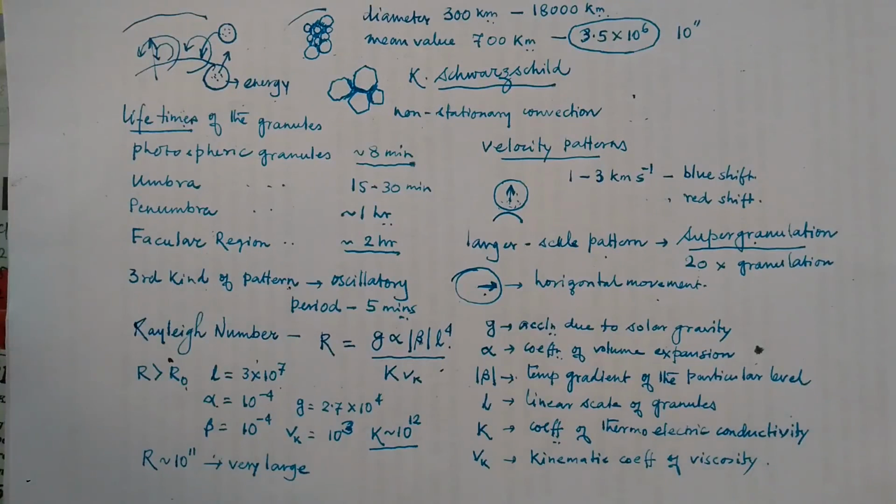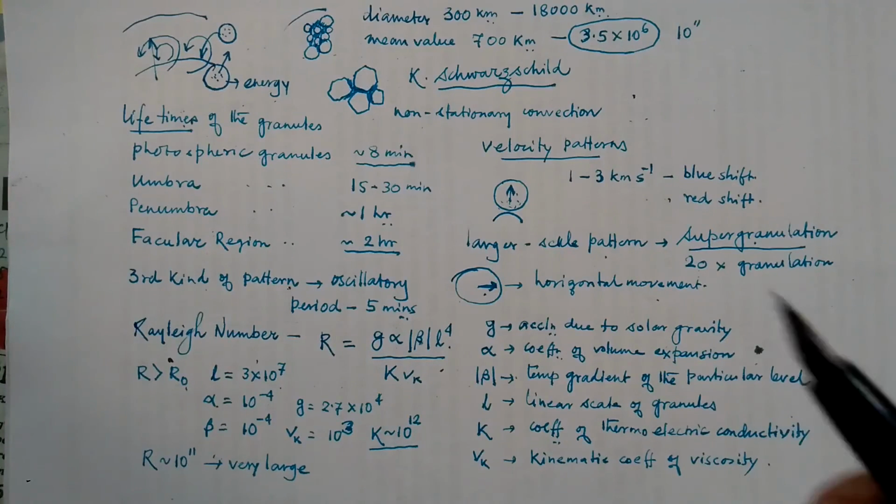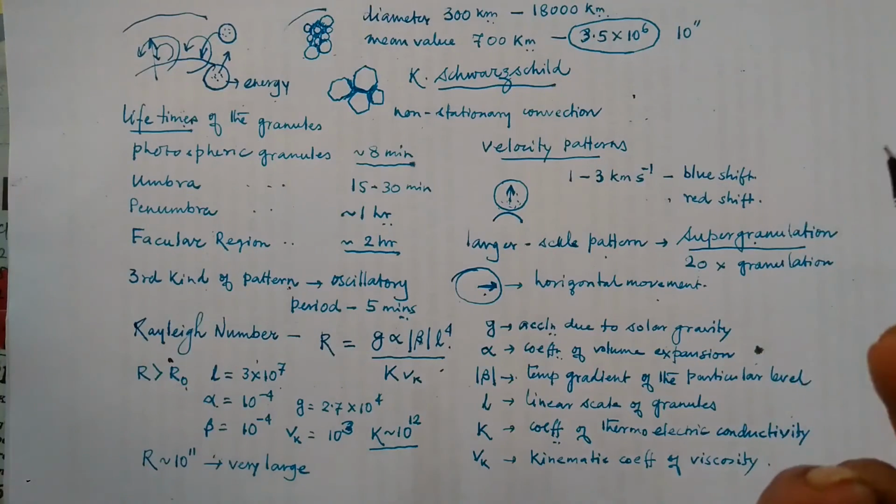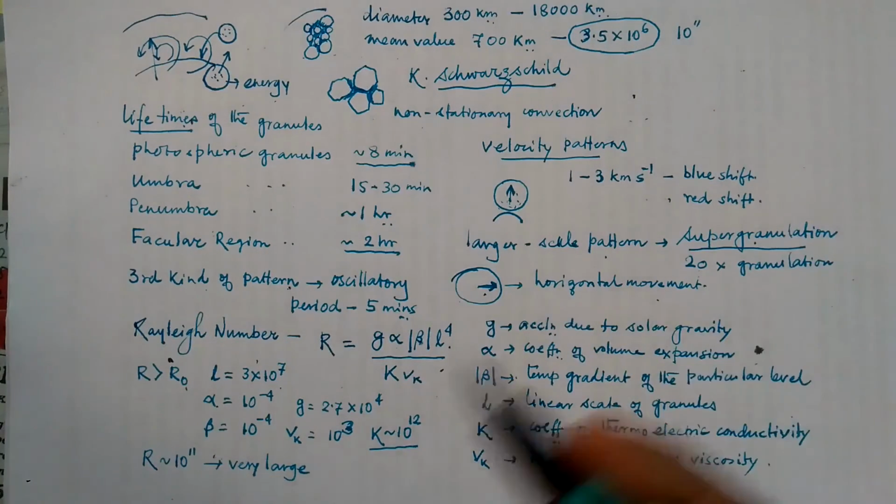This indicates the existence of a random convection generated by turbulent motions. Okay, so this photospheric granulation is a manifestation of a photospheric random convection motion.